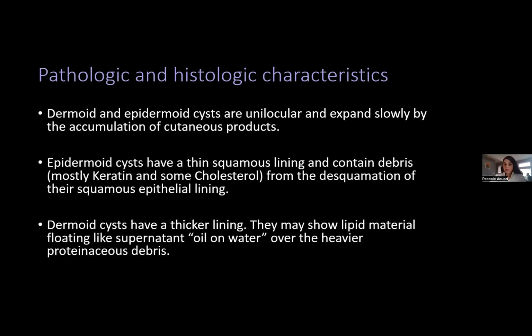Dermoid cysts have a thicker lining. They may show lipid material, which can float like a supernatant, as oil on water, above the heavier proteinaceous debris. The lipid material in dermoid cysts results from the secretions of the sebaceous glands, as opposed to the lipid that we see in teratoma, which is derived from the mesoderm.